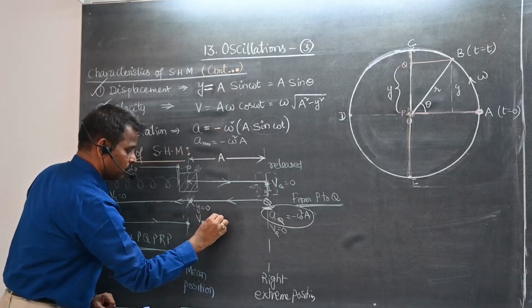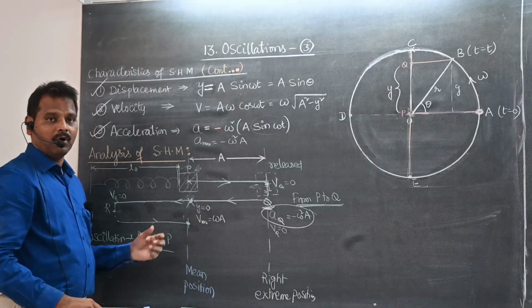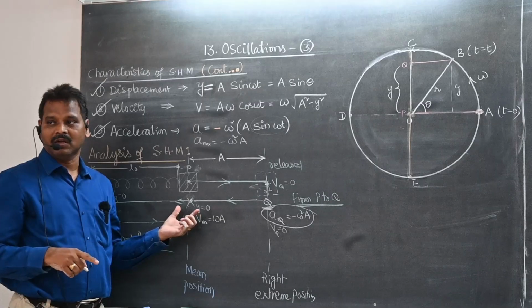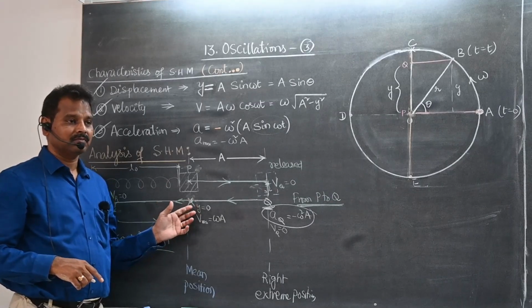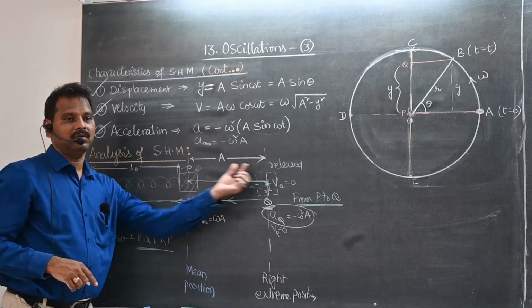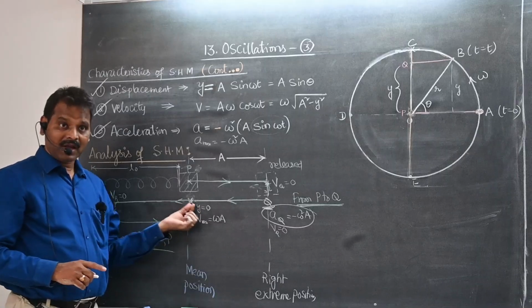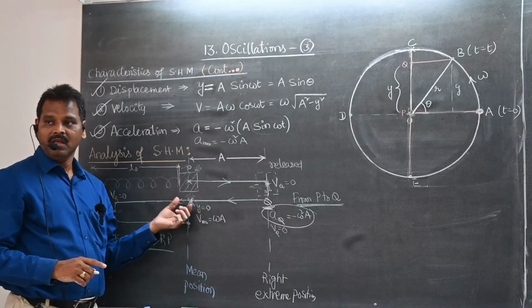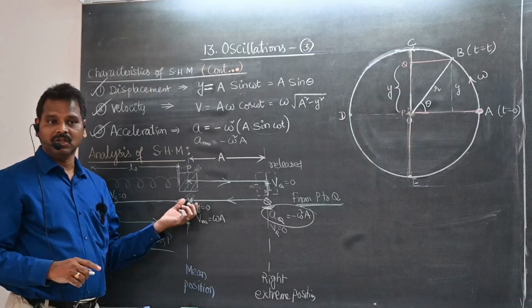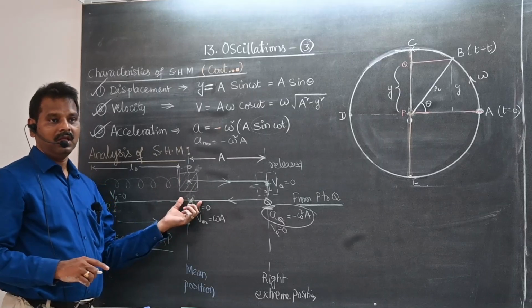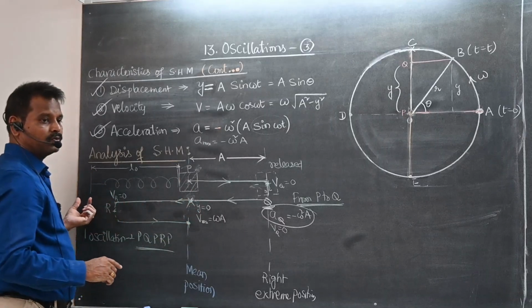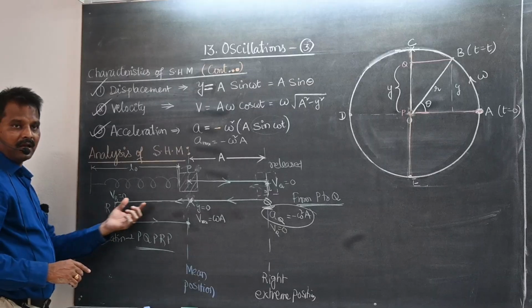Omega A. The body will have maximum velocity at P. That's why it will not stop here. If velocity were 0, it would stop there. Because it has picked up some velocity, it has gained some kinetic energy. Due to that kinetic energy, it will overshoot this position and go to the other extreme position.